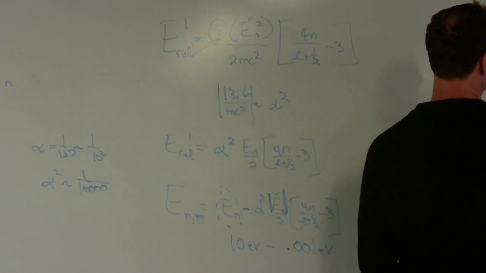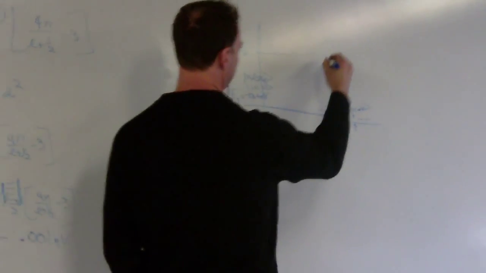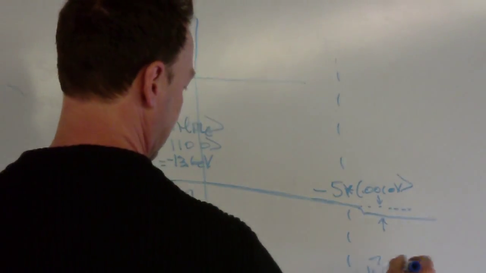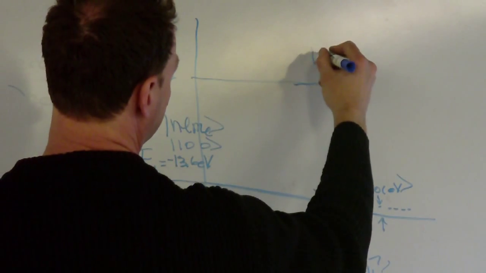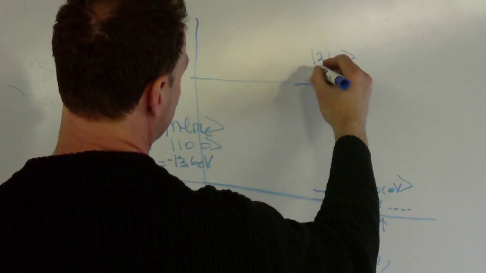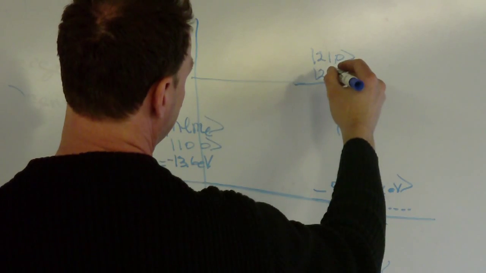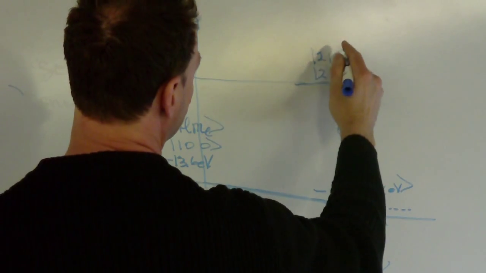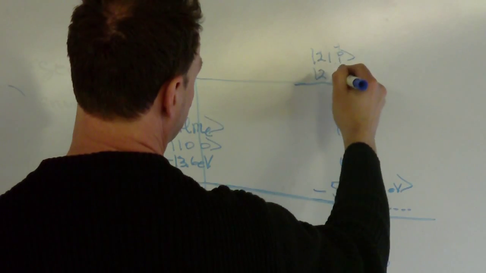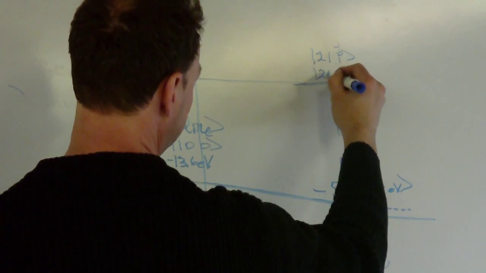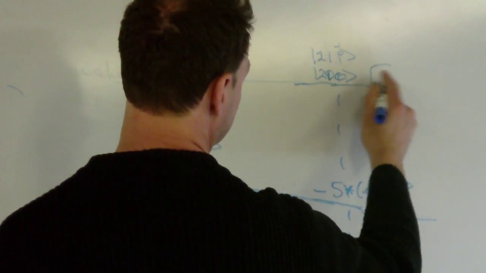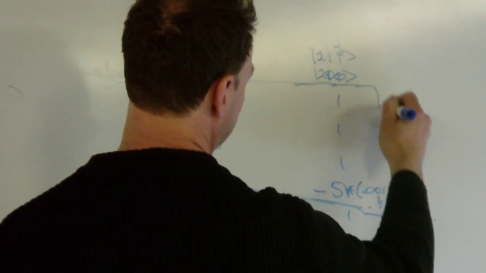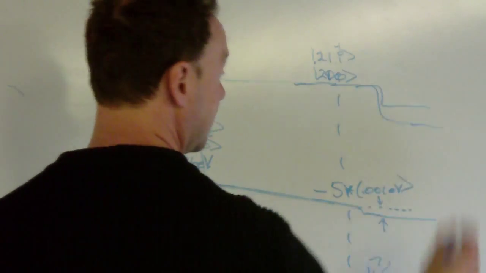All right, and then what happens at E2? By the way, this is when we take H relativistic into account. Now we have 2, 1, 0, and 2, 1, plus and minus 1, and then 2, 0, 0. So these are going to split into 2, maybe one goes like this, and the other goes down a little bit.